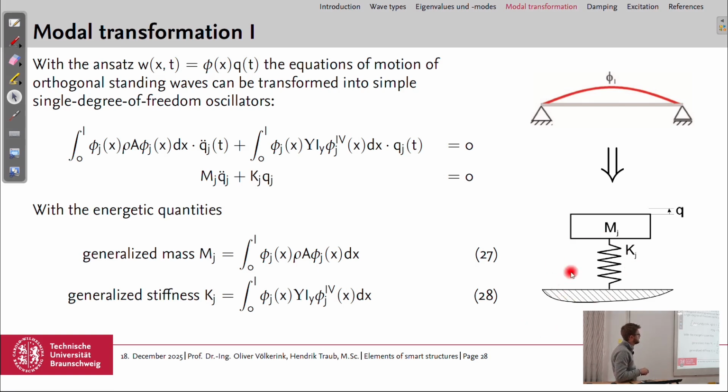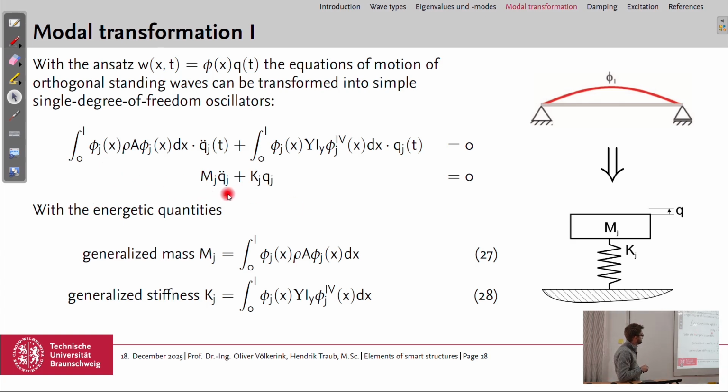And the oscillator is defined by the generalized mass and the generalized stiffness, which is a similar quantity like the generalized mass, transformed with the assumptions.